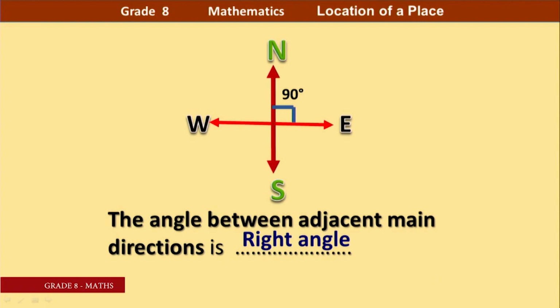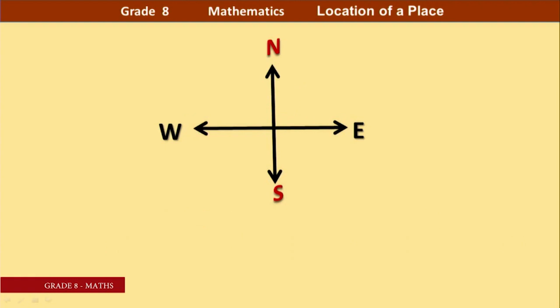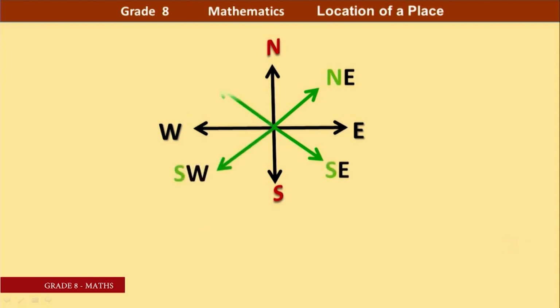Not only the angles between main directions, we will move on to identify the angles in sub directions. Here we go. These are the sub directions. Okay. We are going to compare the angle between an adjacent main direction and a sub direction.